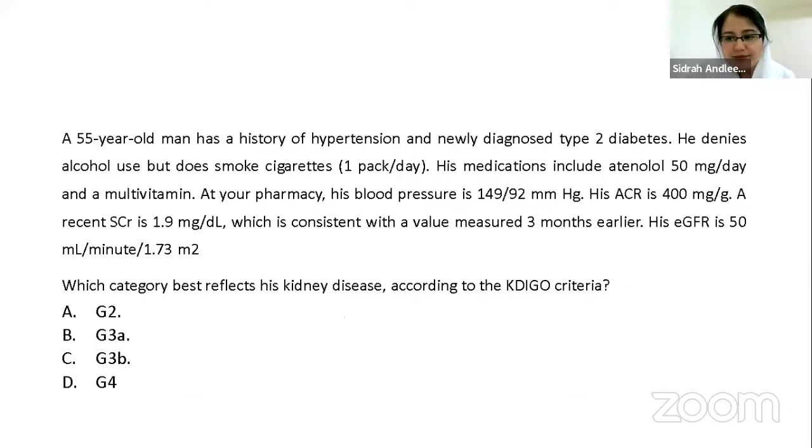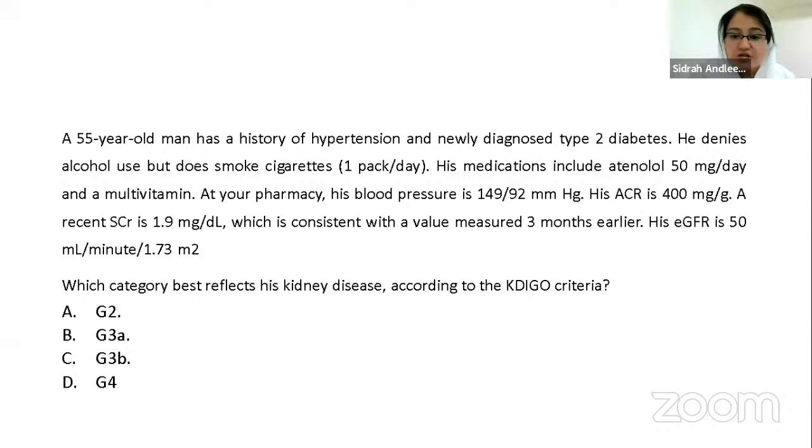So just to activate our learning a bit through an exercise, let's do a few questions here. It's a 55 years old man who has a history of hypertension and a newly diagnosed type 2 diabetes. He denies alcohol use, but he does smoke cigarettes, 1 pack a day. His medication includes atenolol and a multivitamin.